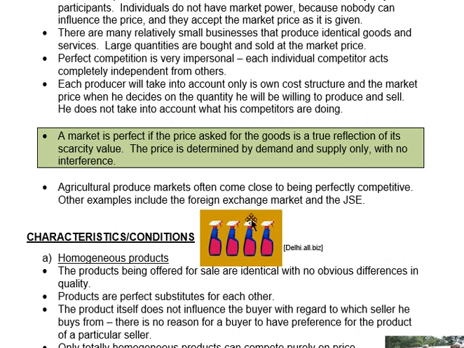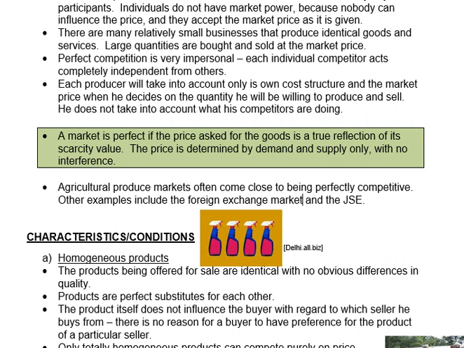You can also mention the foreign exchange market, because remember in South Africa, we use a free floating exchange rate system. Therefore, the value of the rand is determined by demand and supply only. That is a perfect market. And then the last example you can use is the JSE, the Johannesburg Securities Exchange.